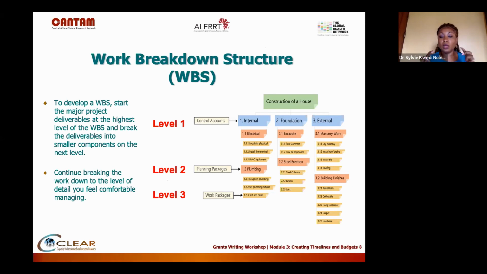So the work breakdown structure, you start with a higher level and then you go down. You can go down as many levels as you are comfortable with. Here, I suggest 3 levels. I usually give the example, let's say that you have to refrigerate a sample.